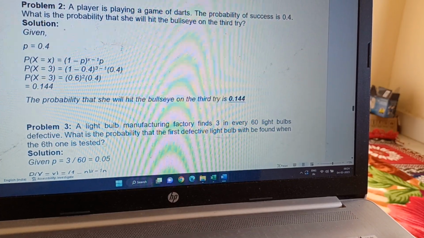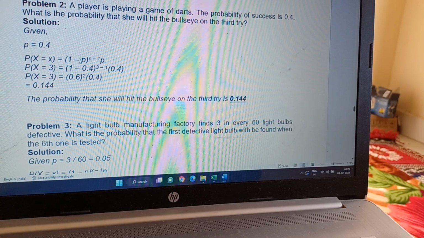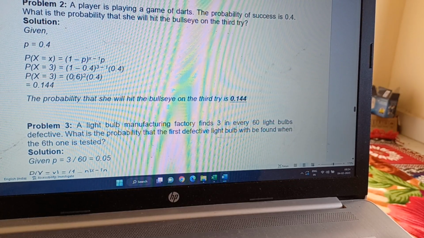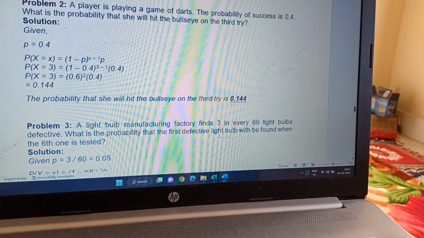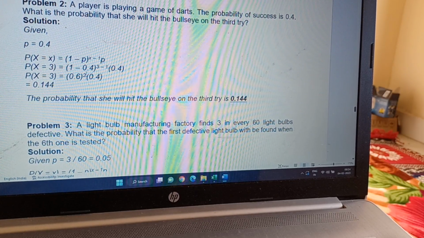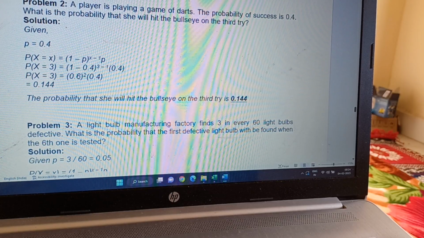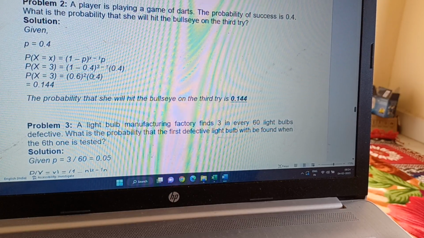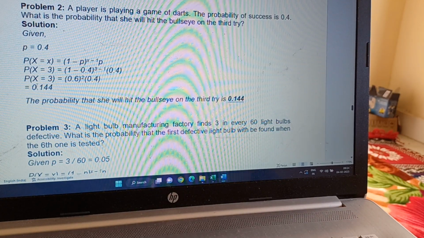So we use this geometric distribution, and the probability of success is 0.4, so probability of failure is 0.6, and since it is the third try, 3 minus 1 is equal to 2. So that is the power of the probability of failure. 2 times fail, q, and then last success is p. And that gives us the answer 1.44.